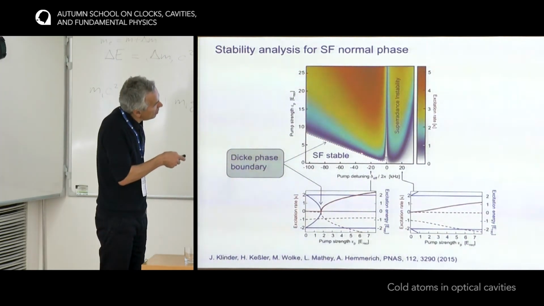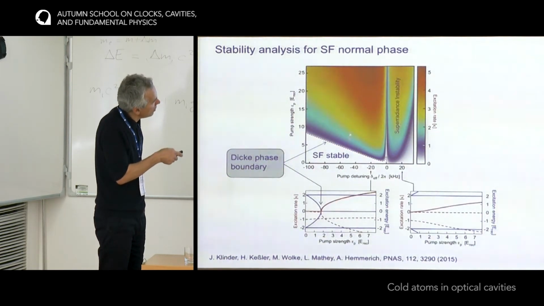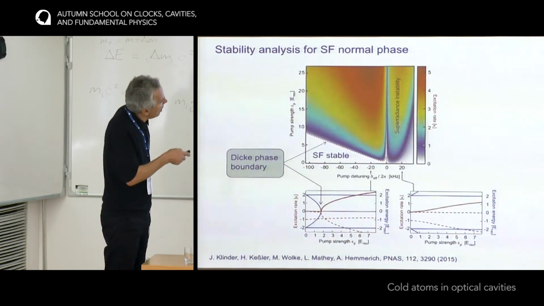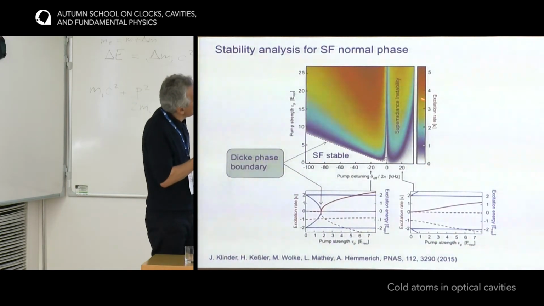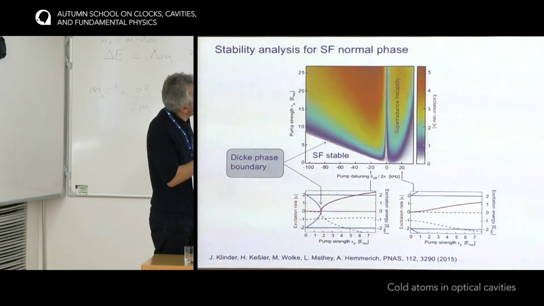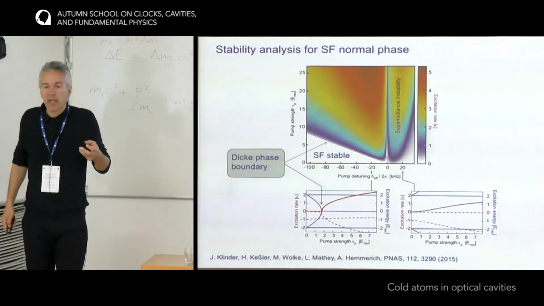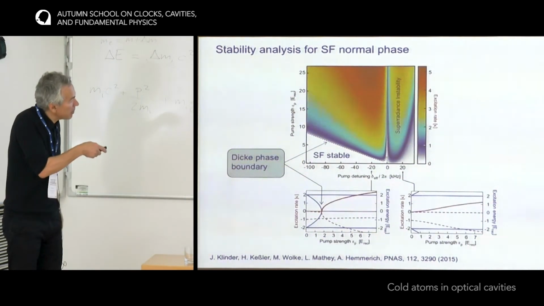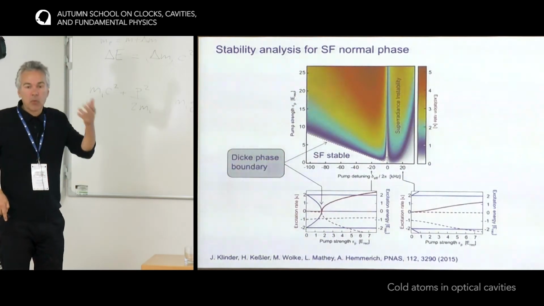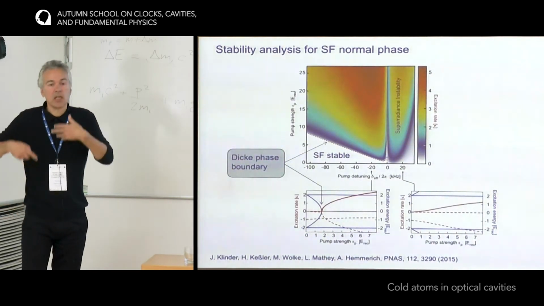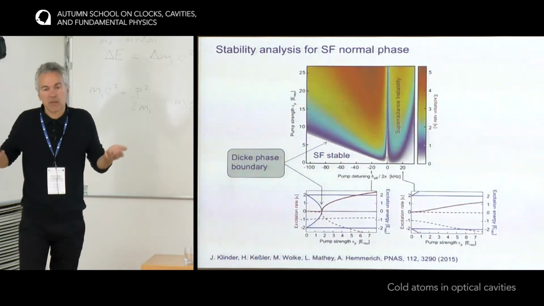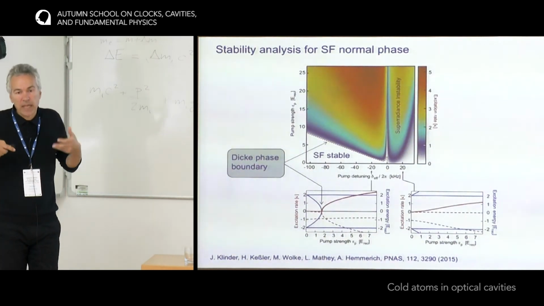And then there's this boundary here, and if you crank up the power even more and you go into this region above the dashed line, then you see there's a color scale, and that color scale describes the deviation rate from that stable state, which is an exponential deviation described by a rate.